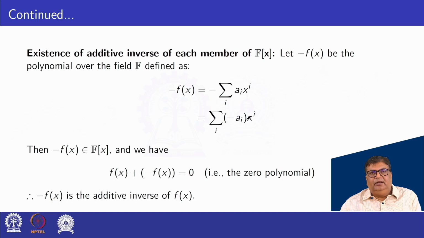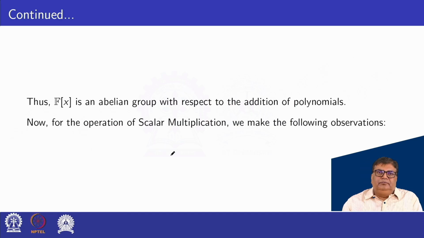Minus a_i is also a scalar, so -f(x) can be defined as a polynomial. Then -f(x) belongs to F[x], and we have f(x) + (-f(x)) equals 0, that is the zero polynomial. Hence we can say that -f(x) is the additive inverse of f(x). Thus F[x] is an abelian group with respect to addition of polynomials.